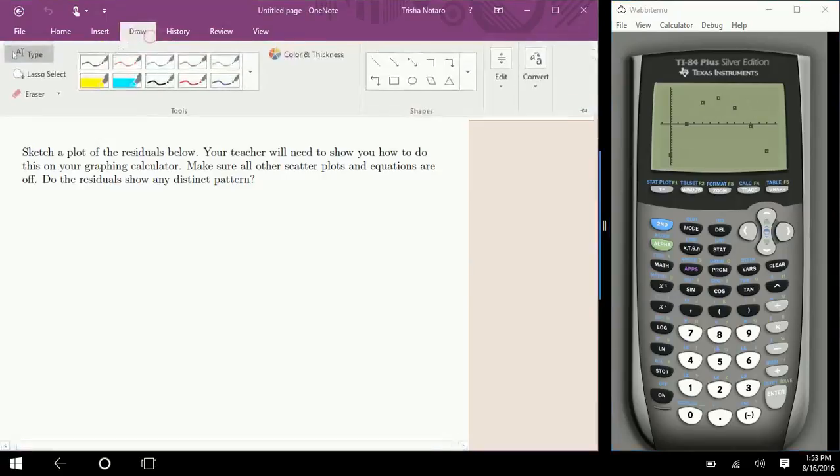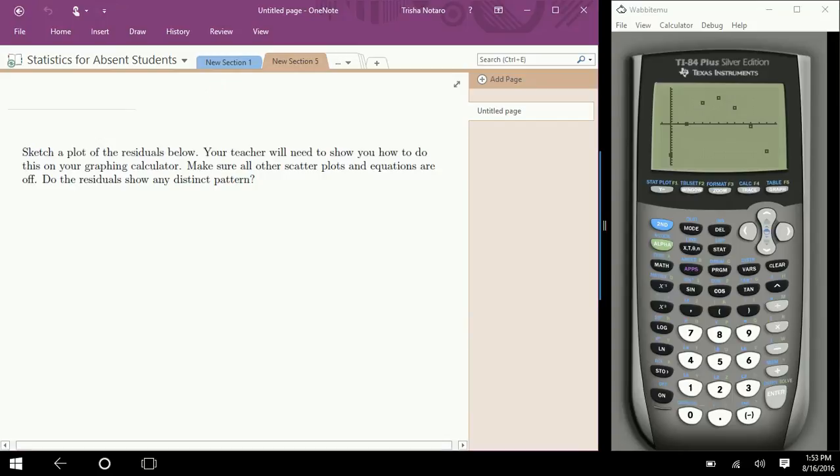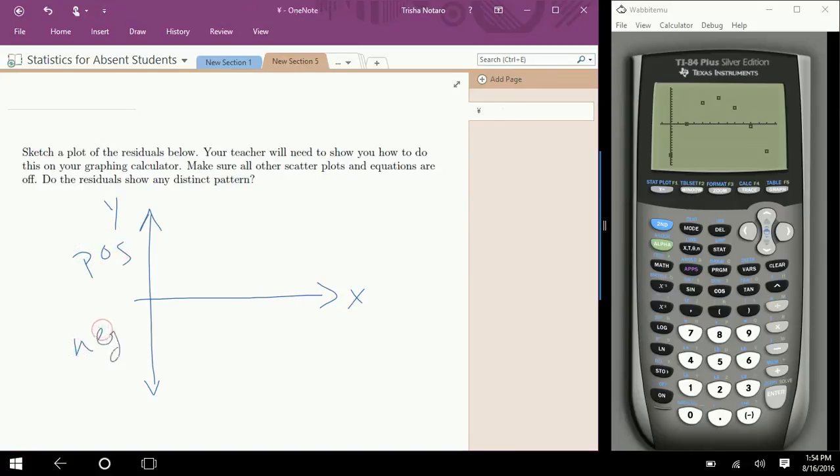Okay, so I'm going to sketch this. Okay, I see I have my y. And then I have my x-axis kind of right there in the middle. So we've got negative and positive numbers. So we have positive and negative numbers on our y-axis, but we really only have positive numbers. We don't really see any of the negative numbers.